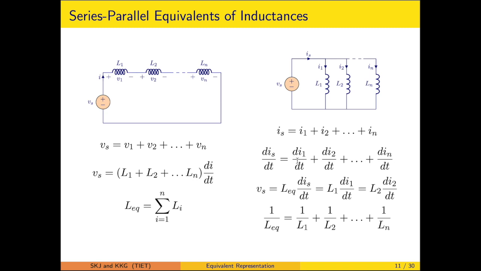Corresponding to the derivative, di1 upon dt is represented as Vs upon L1. On that basis you will find the expression for the equivalent inductance: 1 upon L Eq is equal to 1 upon L1 plus 1 upon L2 plus up to 1 upon Ln.